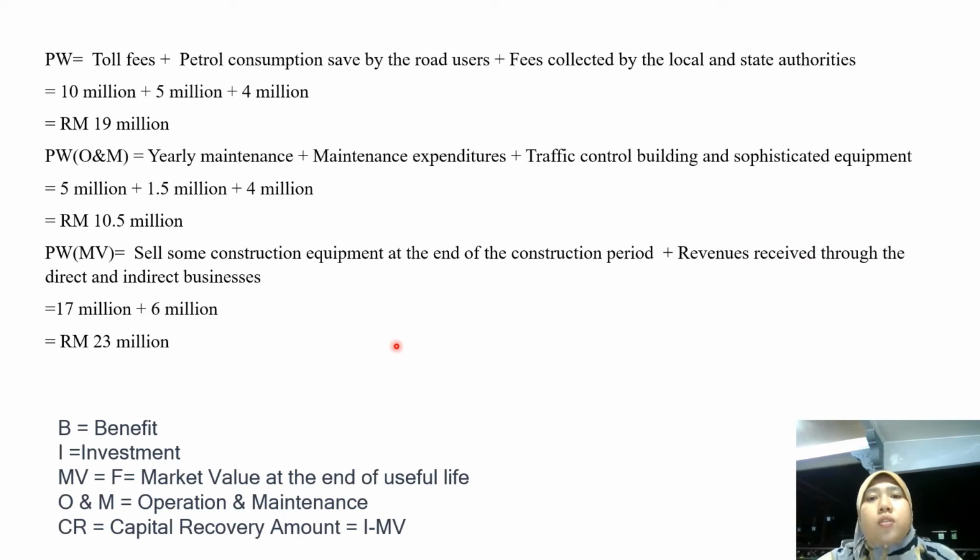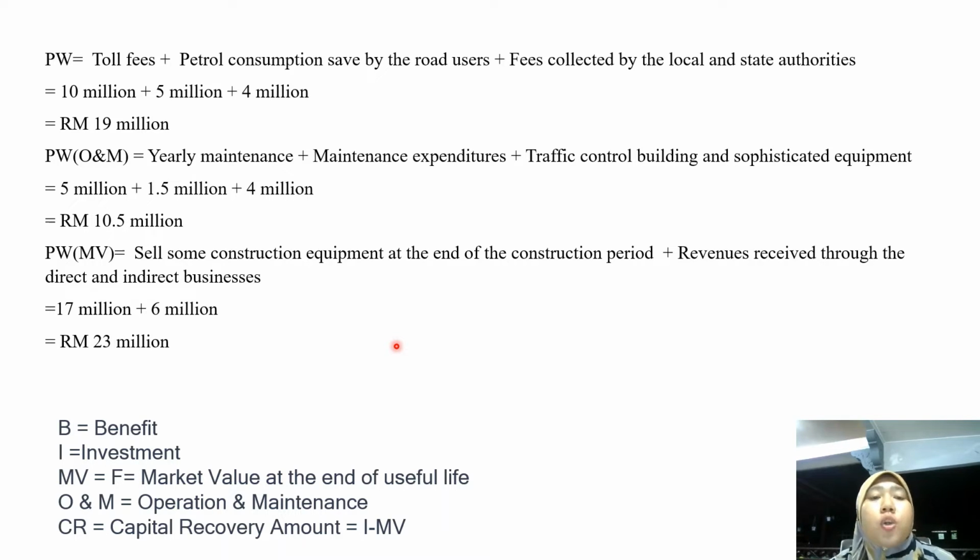Okay. So before we go to the formula of the benefit cost ratio method, we have to find the values used in the formula. First is PW. What is PW? PWB is the benefits of the proposed project.